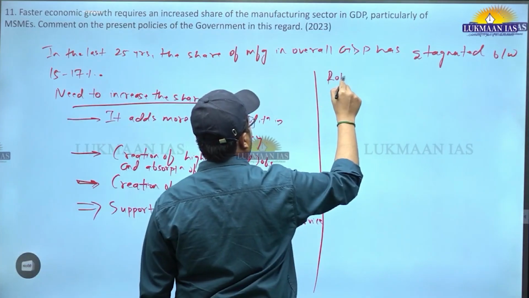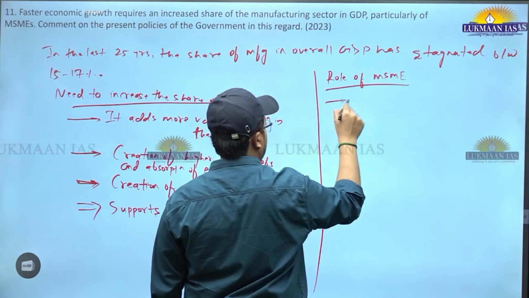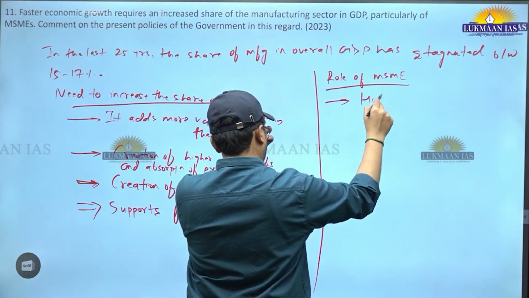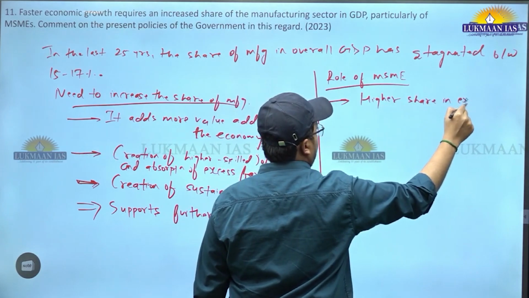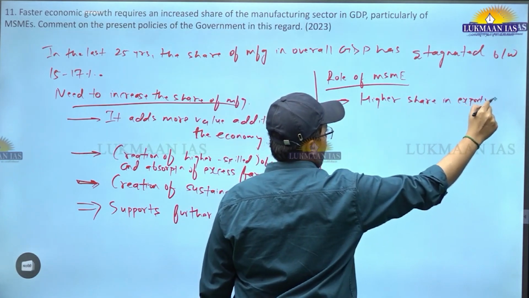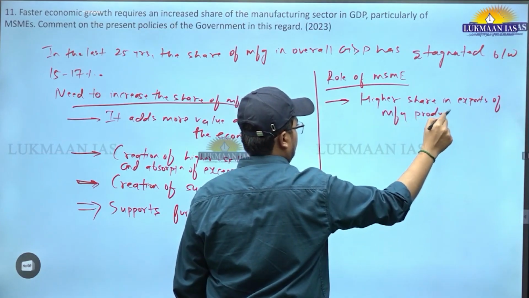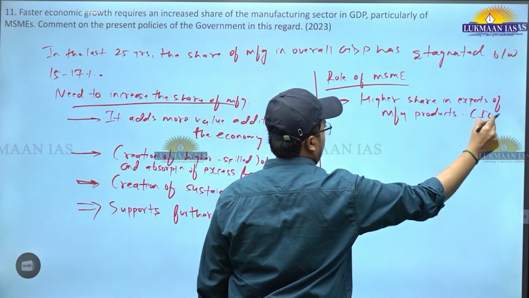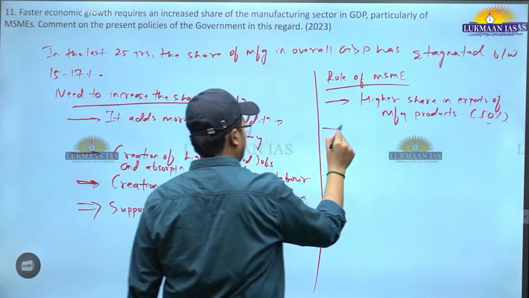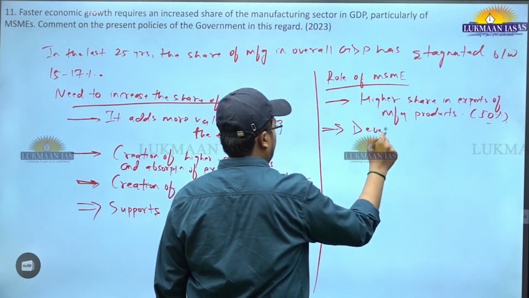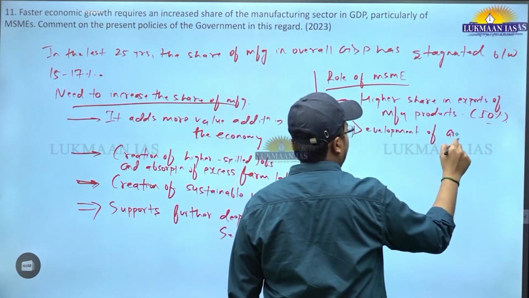Role of MSME. First, higher share in exports of manufactured products. So, it is roughly 50% of all those manufactured products comes from MSMEs. Then development of ancillary industries.